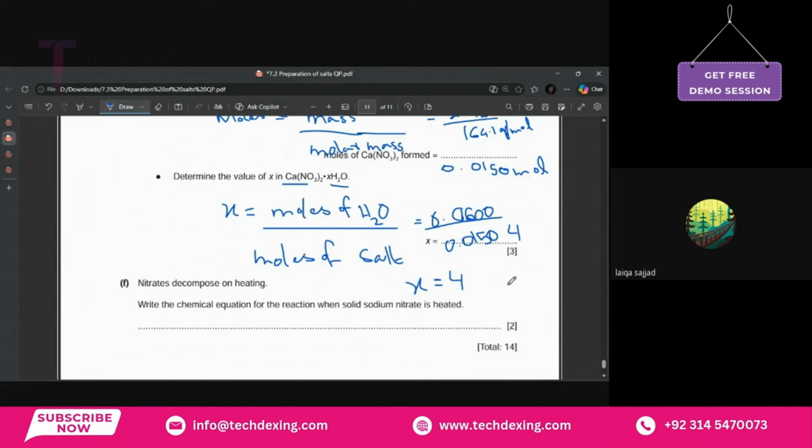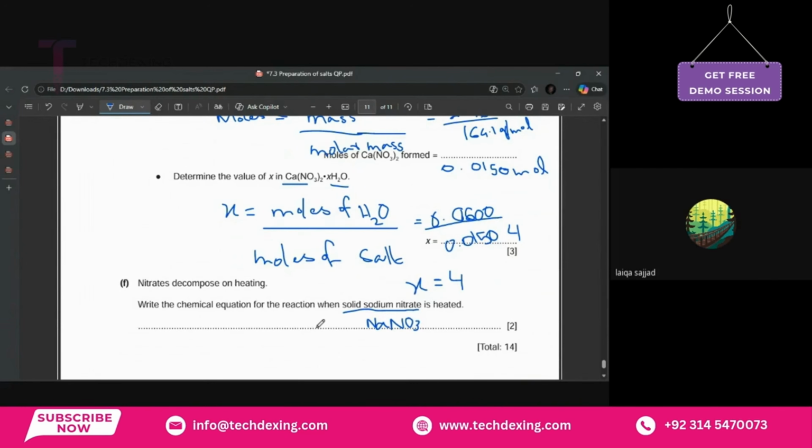What's the chemical formula for sodium nitrate? NaNO3. Yes, very good. It's NaNO3.